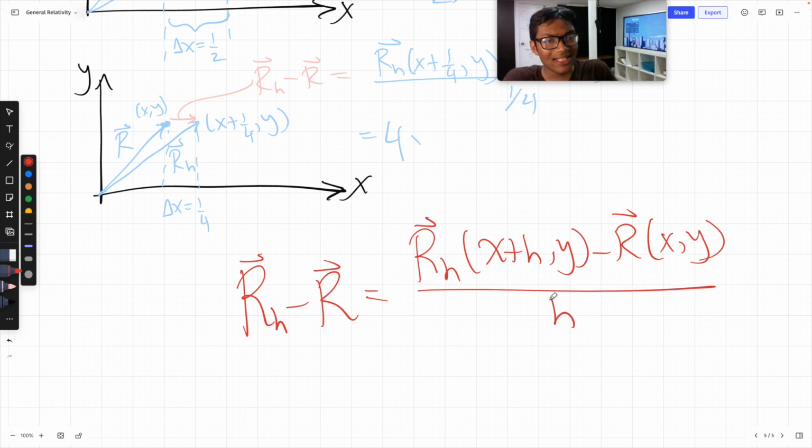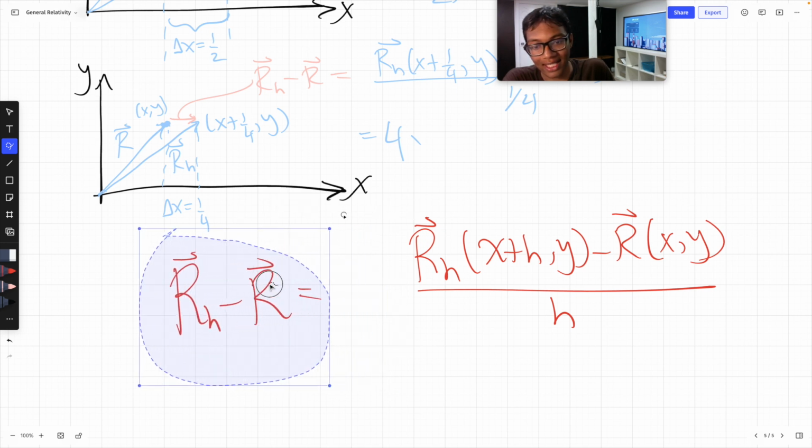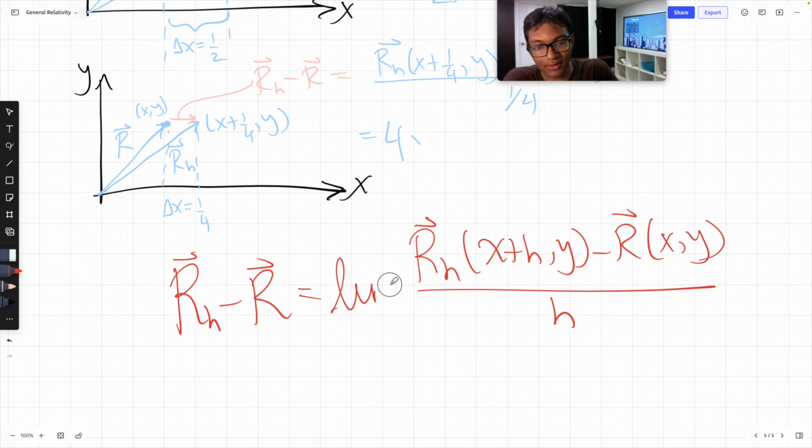And now, instead of putting r sub h 1/2 or 1/4 or 1/8 away, we can just make it infinitesimally far away. In other words, what we're taking is the limit. We're taking the limit as h approaches 0. So let me put a limit as h approaches 0.